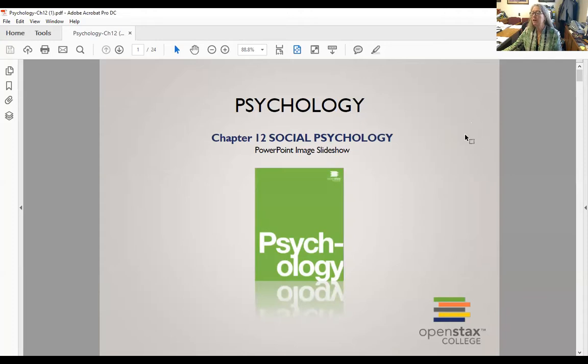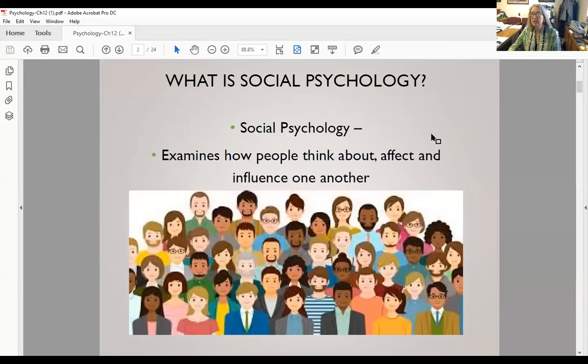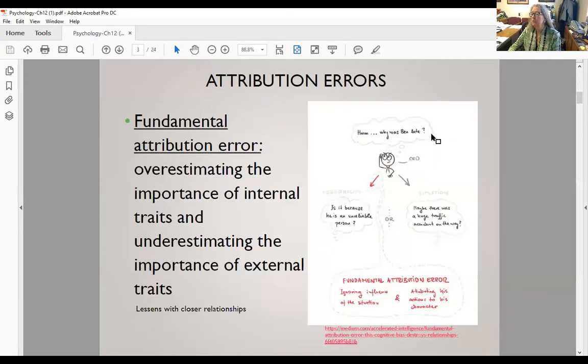So if we go to the chapter 12 social psychology PowerPoint slides, the first slide defines social psychology, which we've already done. But the second slide talks about the biggest error that can happen with attributions. We call it the fundamental attribution error. Obviously, anything that's called fundamental, you're really expected to know.